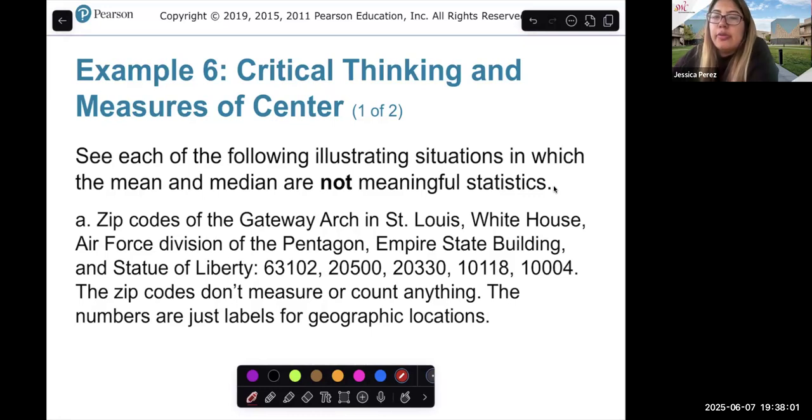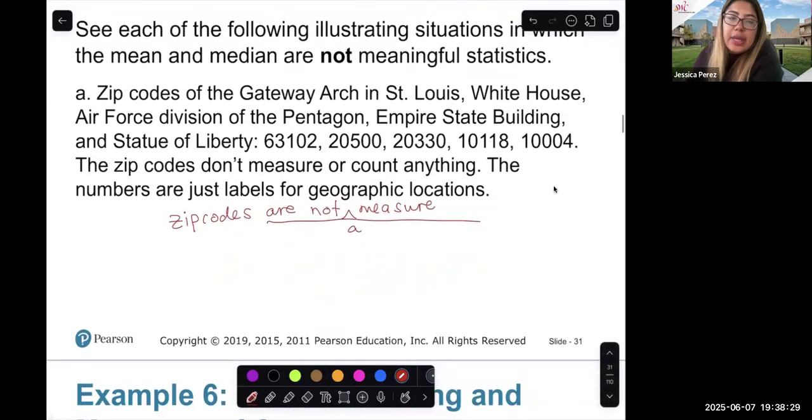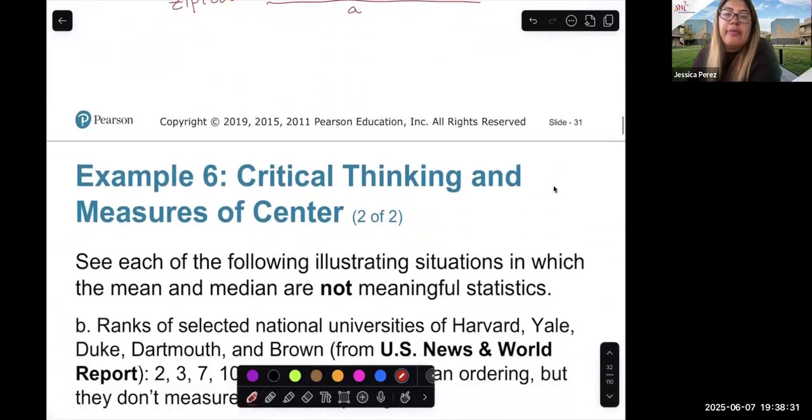What are zip codes going to do for us? These are just labels or geographic locations. They actually don't represent any measure whatsoever. So zip codes are not a measure, and these statistics would not be meaningful for us.